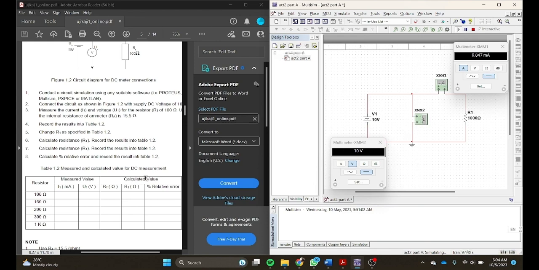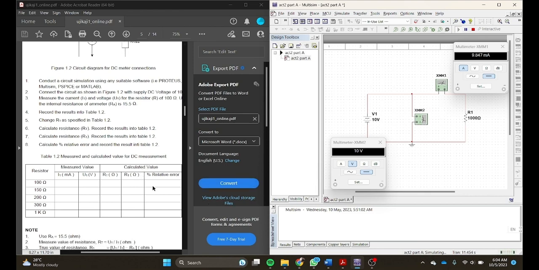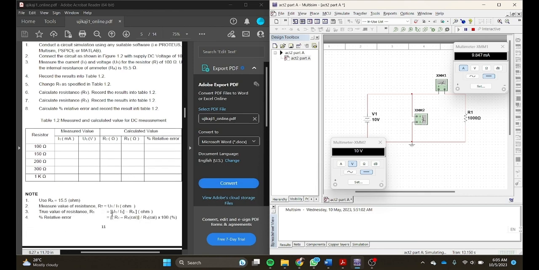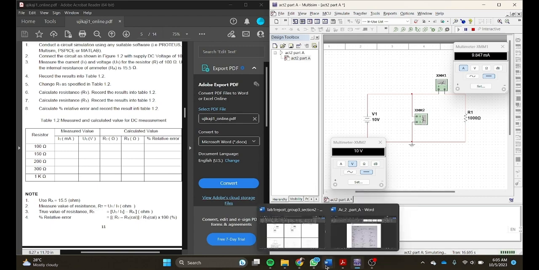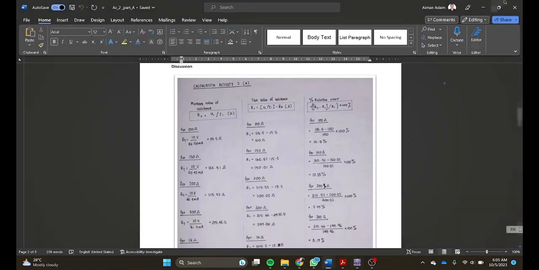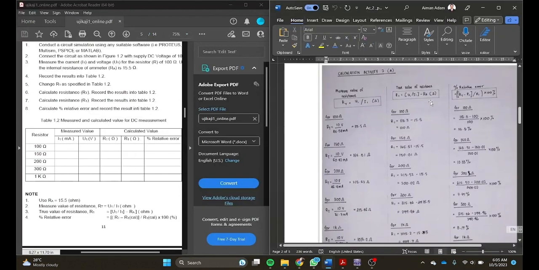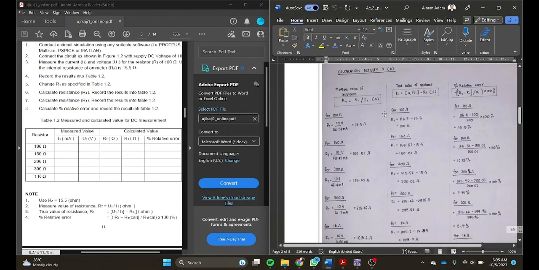So for the calculated values, using the formula below, you can get the value for RT for the 100 ohm as 115.5, and for R1, 100 ohms, and the relative error is 15.5%.